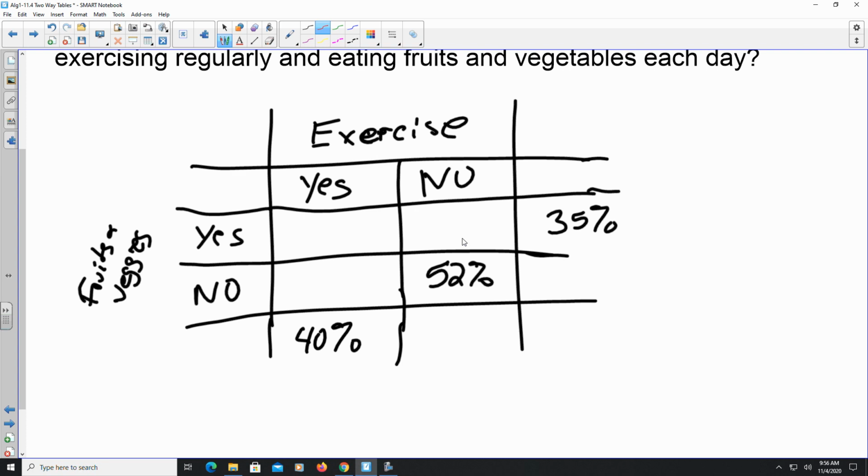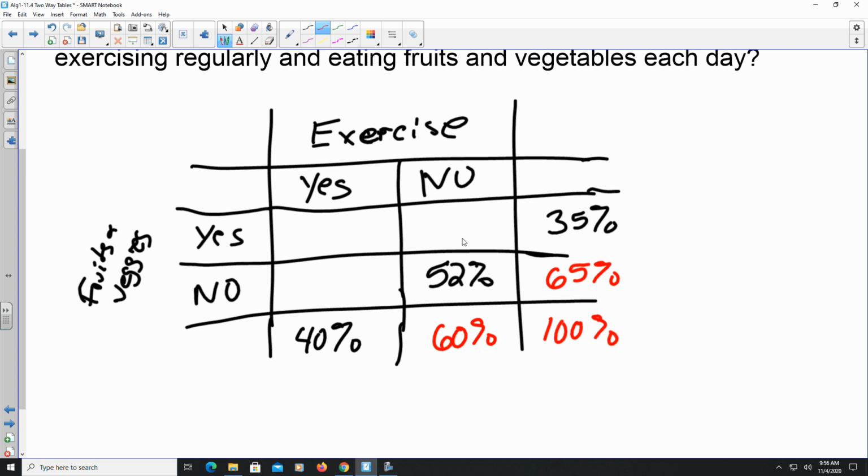So what conclusions can we make of this? Well, I know that this has to be 100%. So if this is 100%, that means that this is 60. And if that is 100%, that means that this has to be 65. All right, so now that'll help us.